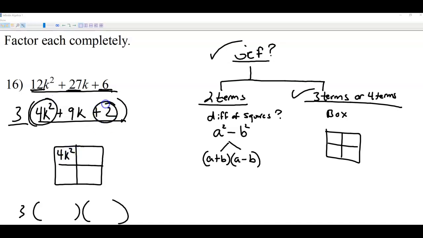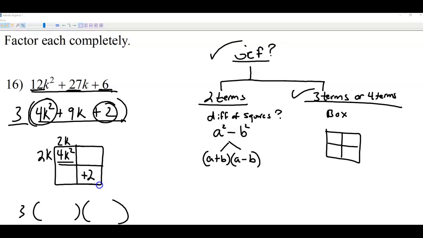The last term goes in the bottom right box. And now we look for 2 numbers that multiply together to make the first square. What multiplied together makes 4k squared? Well, let's try 2k times 2k. It could also be 4k and 1k. We're not sure yet. But let's go ahead and try 2k and 2k.